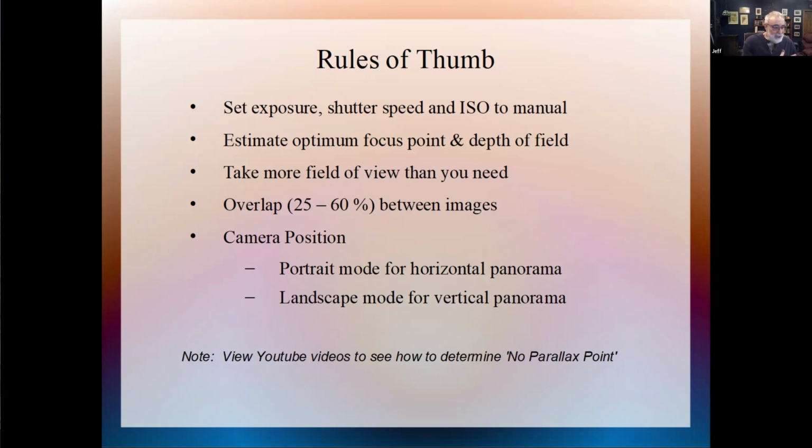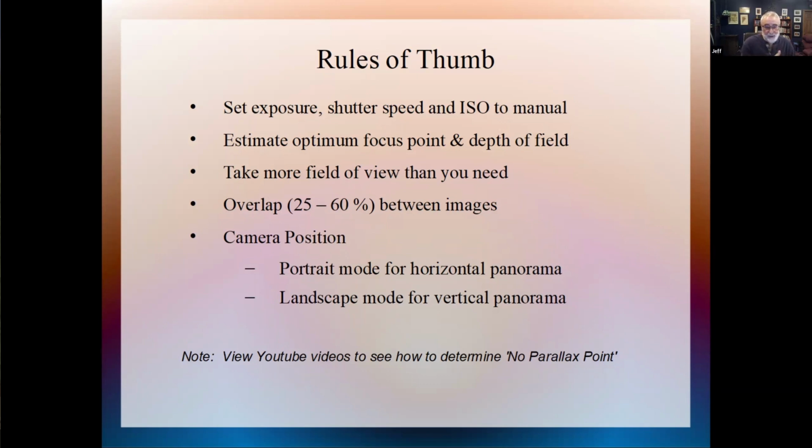Because as you rotate the camera, the thing you're interested in may be going in and out of focus, right? If it's a long mountain scene far away, it's not going to be an issue. But as you get closer and you have to start worrying about depth of field, you want to make sure you test all that ahead of time.